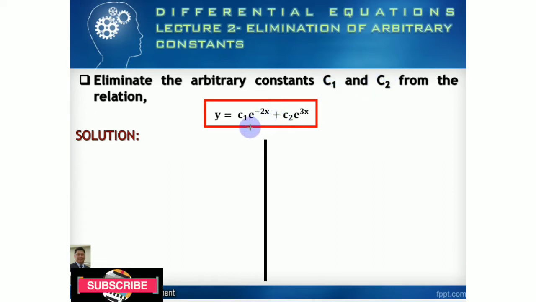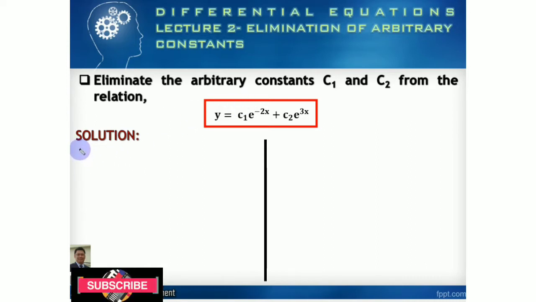So according to the definition, we need to get the second order derivative of this given equation y. First and foremost, we are going to rewrite this as our first equation.